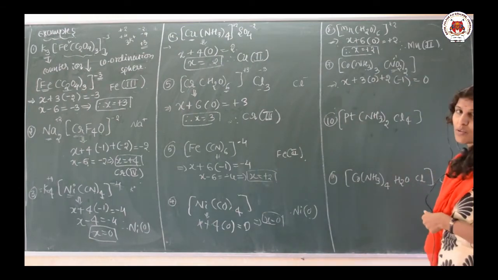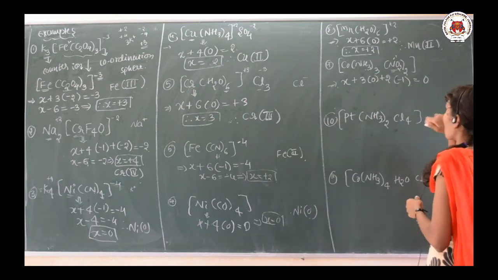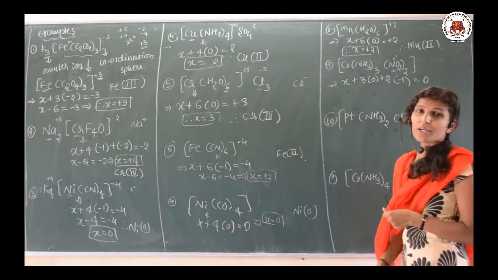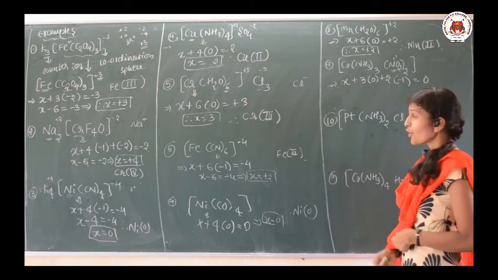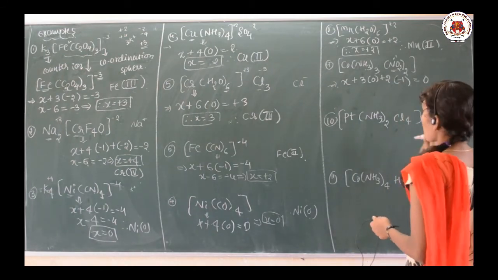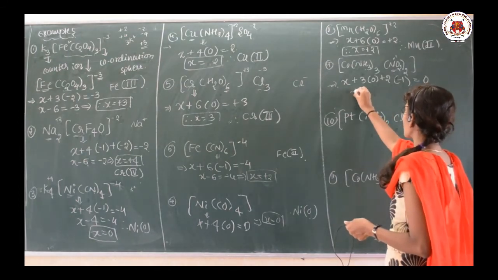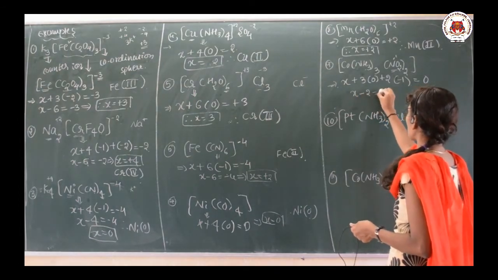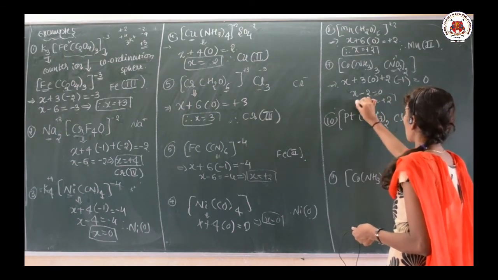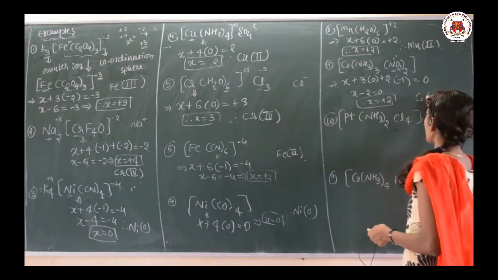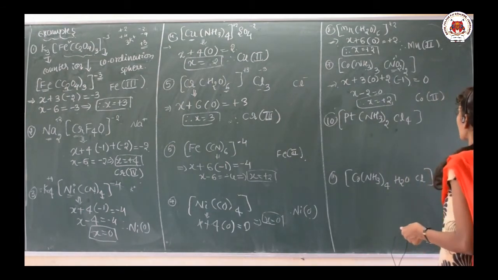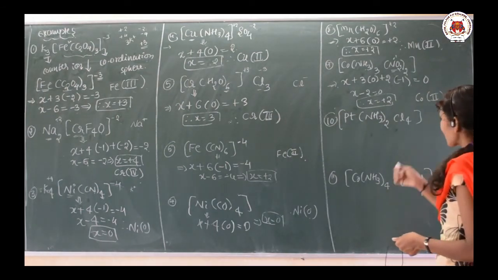Why is it equivalent to 0? Because, as I said, no charge means you can equate it to 0, it indicates it is a neutral one. So X minus 2 is equal to 0, therefore X is equal to +2. It means cobalt is present in the +2 state.